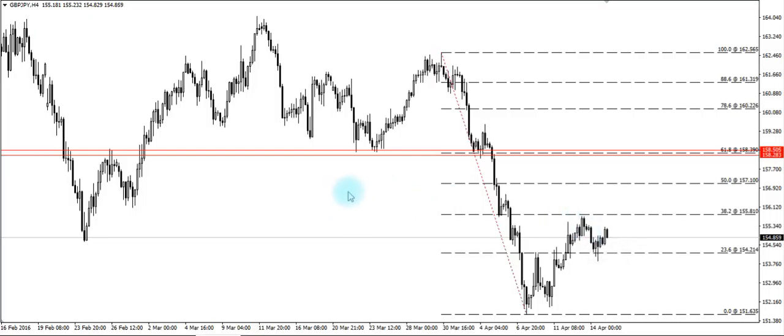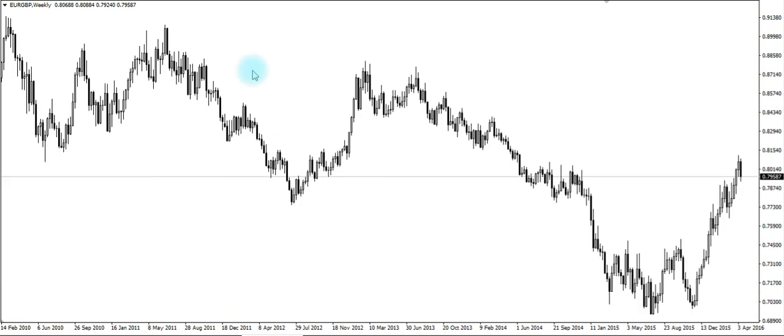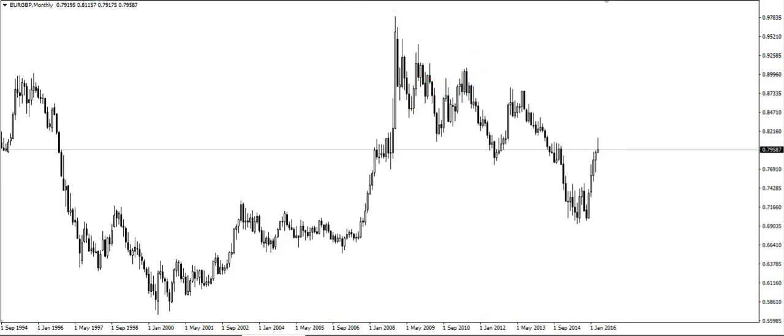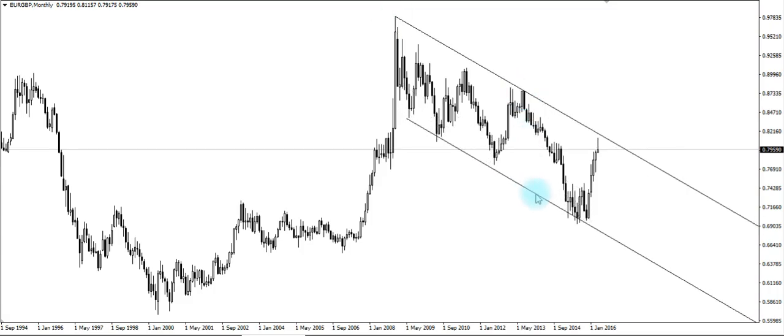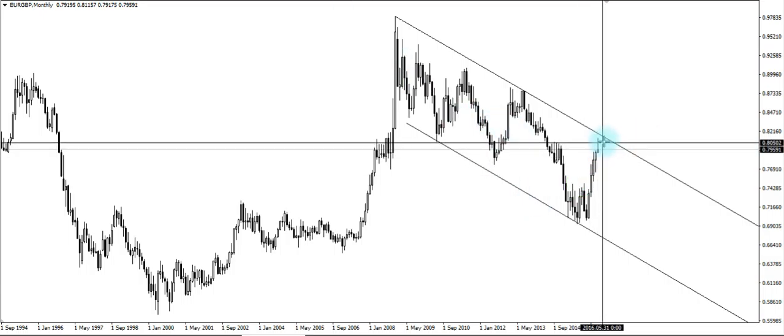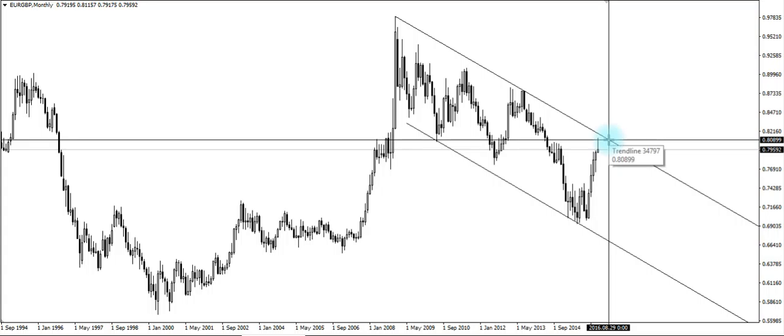And finally, we have the euro against pound. So back to the weekly charts, maybe let's take a look at the monthly charts. There has been a falling trend channel, and the price is currently very near to the top of the channel itself, but has yet to reach it.